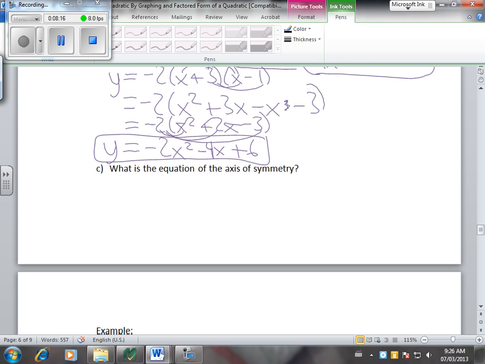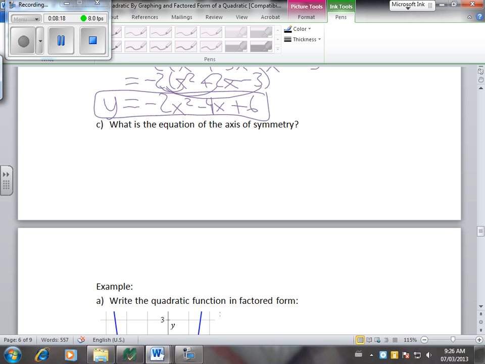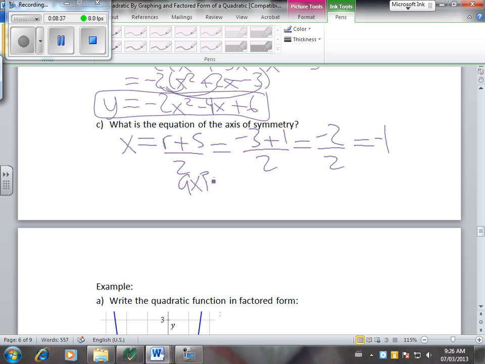And then to find the axis of symmetry, remember that we'll take our r and s value and find the average. So we have negative 3 plus 1 divided by 2, negative 2 over 2 equals negative 1. So axis is x equals negative 1. And let's see if our graph agrees with that.